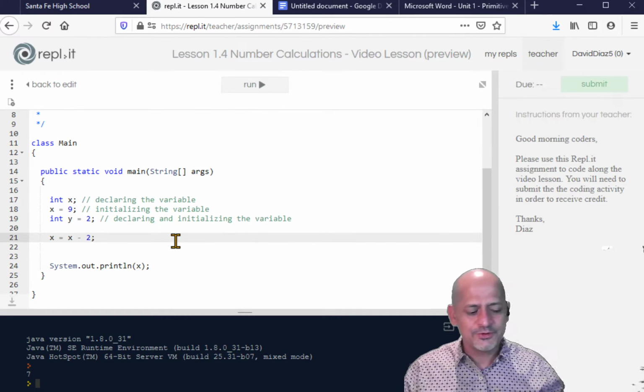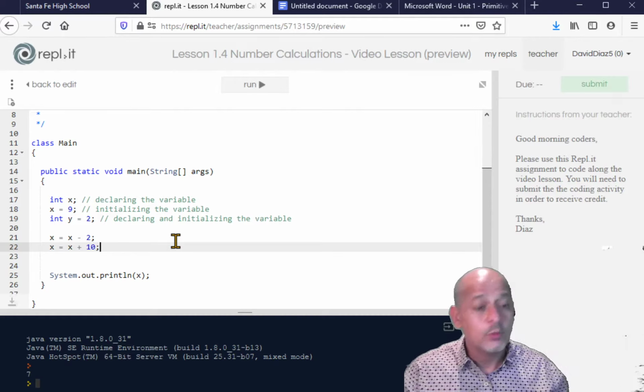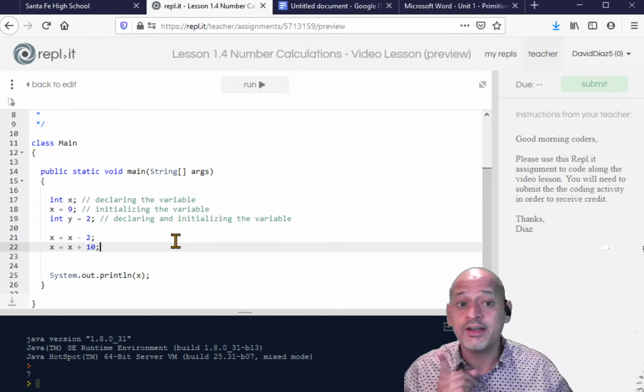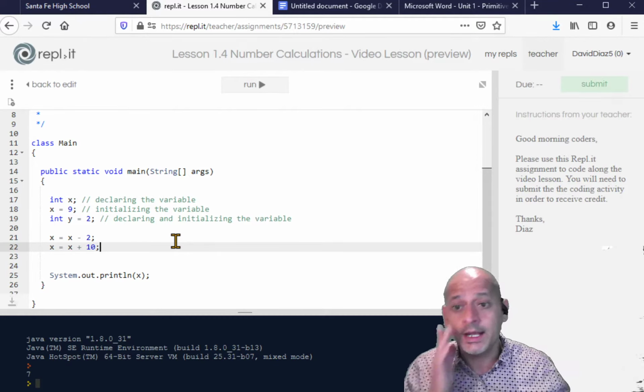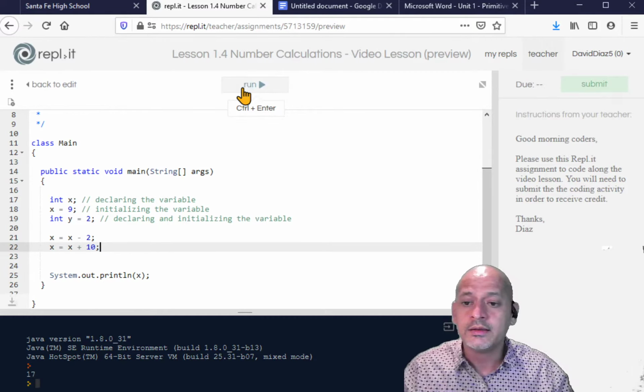And then if I do x again, equals x plus 10, what should be the value of x now? It should be 17, because it was 7 before, and now we added 10 more.